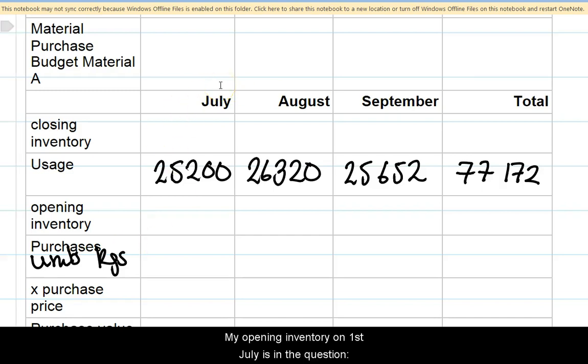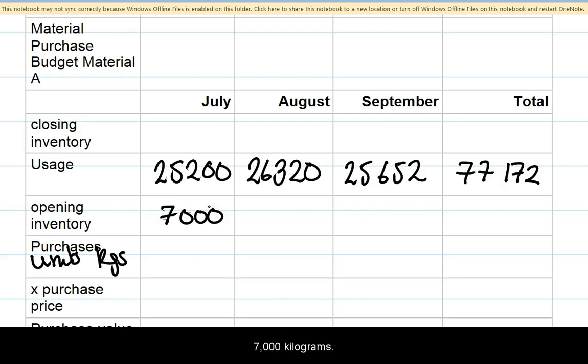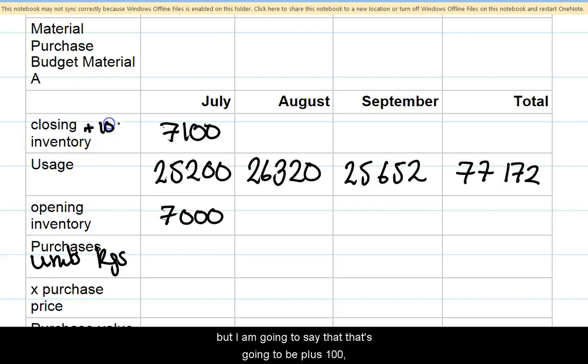My opening inventory on the 1st of July is in the question, 7,000 kilograms. The question then tells me that my raw material inventory should increase by 100 kilograms each month. Now this is much simpler a calculation, so I'm not going to do a working, but I am going to say that that's going to be plus 100, and then hopefully a marker will understand what I'm doing.